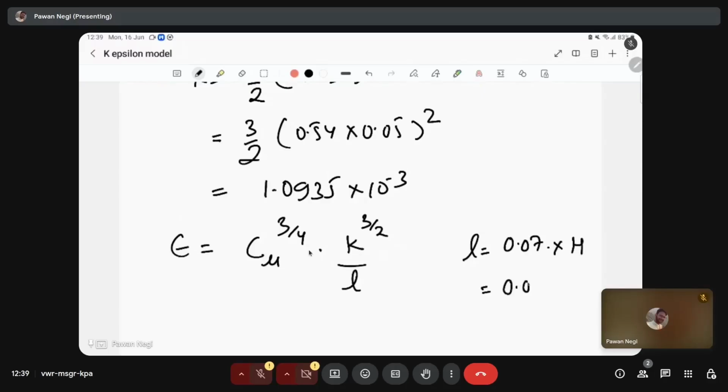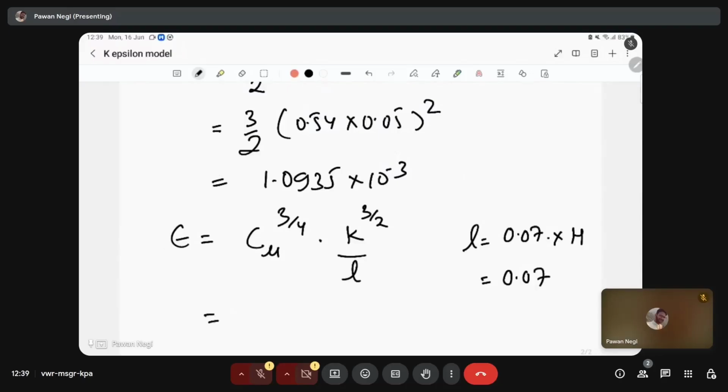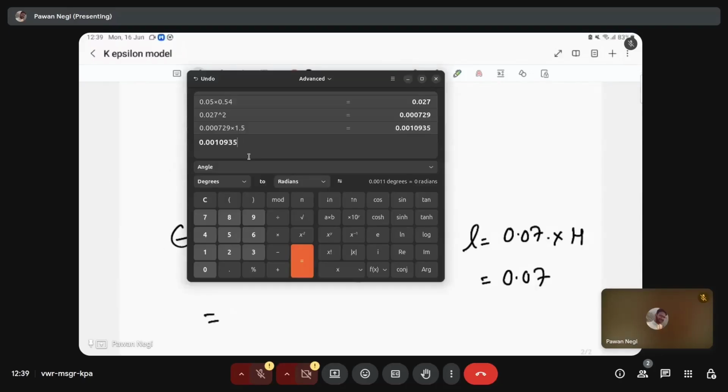H is 1 for our case. Therefore, we will get this to the power 1.5 times 0.09, which is c nu to the power 3 over 4, divided by 0.07, which is equal to 8.488 times 10 to the negative 5.